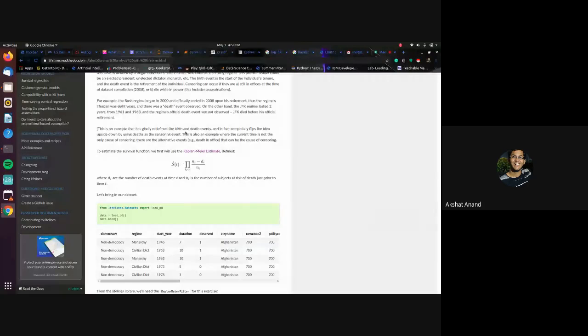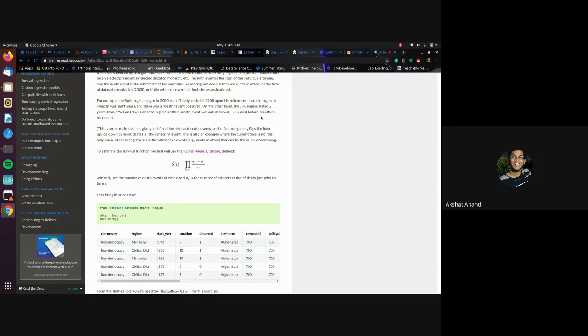Here is an example of Bush's tenure, which began in 2000 and officially ended in 2008 upon his retirement. Thus, the regime lifespan was 8 years, and a death event was observed. On the other hand, the JFK regime lasted 2 years, from 1961 to 1963, and the regime's official death was not observed.